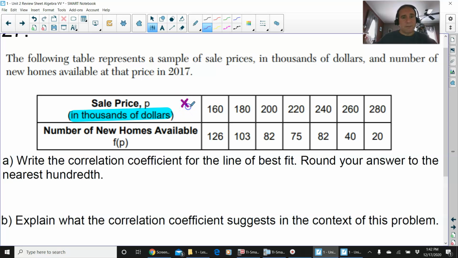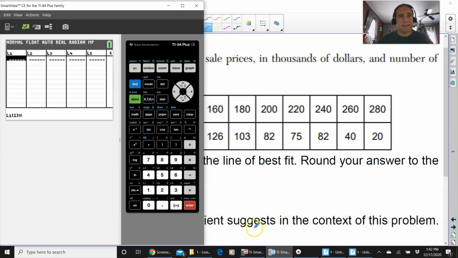They very rarely put a backwards table because the X is the independent variable, the input, and this is the output. And it says F of P. That's the same as the Y. All right, so once we have that down, in thousands of dollars, so this is 160,000, this is 180,000. So be careful when you're putting this in.